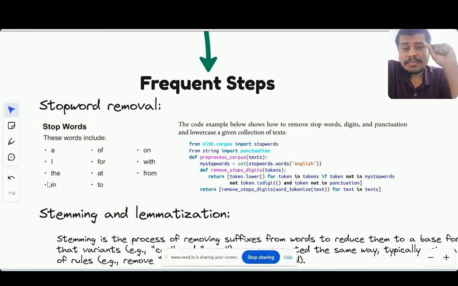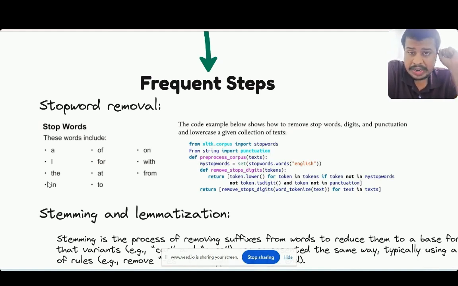But in many other cases, for example when you're training a large language model, usually we don't remove the stop words. But for smaller NLP models, like the machine learning models or the basic deep learning models, we don't include the stop words. We remove them totally and only send the important words.